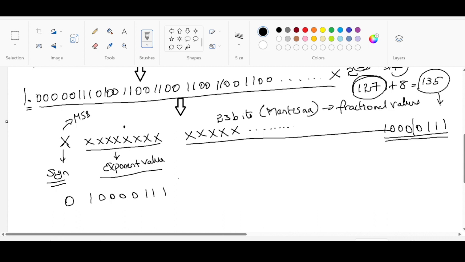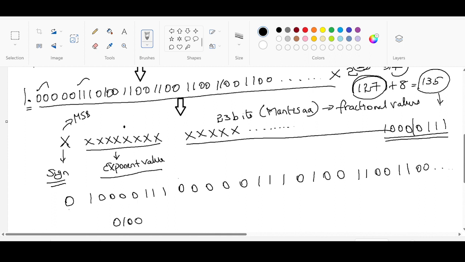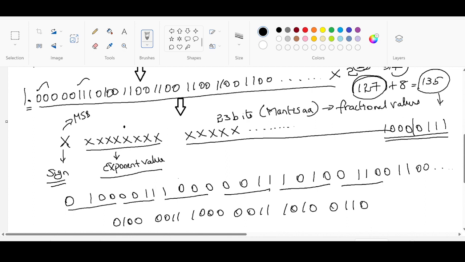In our case, start from here, 0 0 0 0 0, then three ones, 1 1 1 0 1 0 0 1 1 0 0 1 1 0 0, and it goes on. Now consider only the 32 bits, because this is a 32-bit register. For better understanding, I am separating it into groups of four so that it is easy to observe.